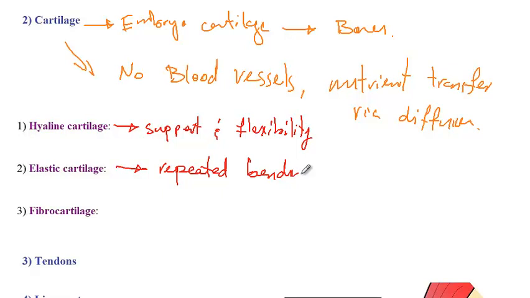Like for instance, our epiglottis, which blocks entry of food particles into our airways, is an example of an elastic cartilage. Another example of an elastic cartilage is our external ear that is capable of bending.